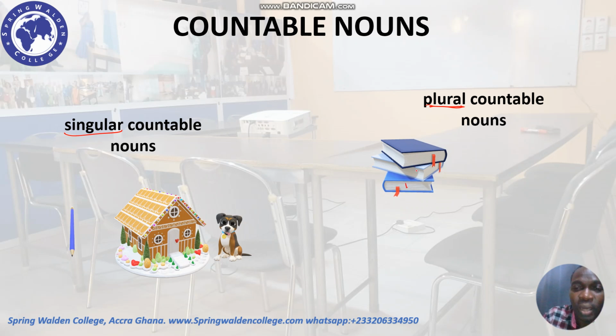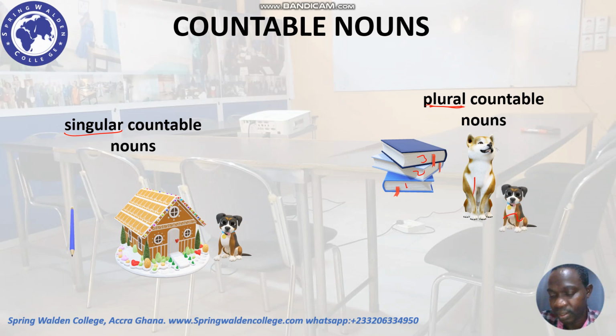And then we have it here. So we have 1, 2, 3 books. We have 1 and 2 cats, 2 dogs. And then we have 1, 2, and 3 pencils. So these are what? Plural. And these ones are singular, representing one for each category.